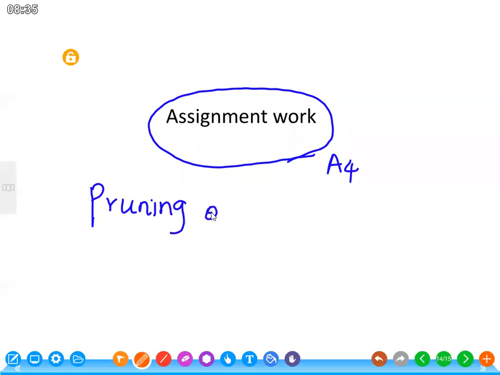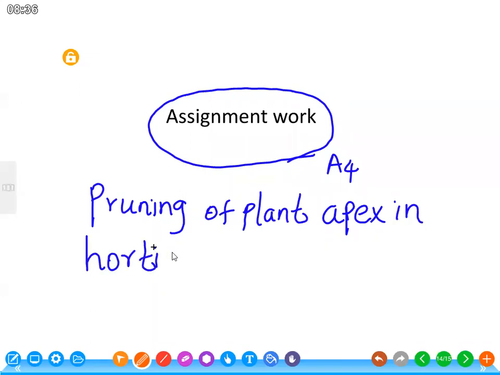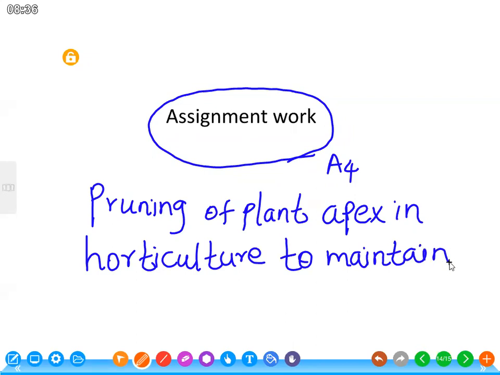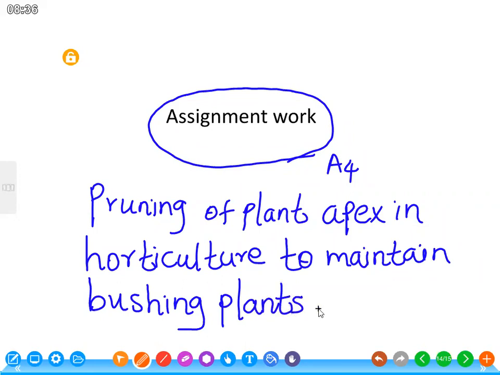Pruning of plant apex in horticulture to maintain bushing plants.